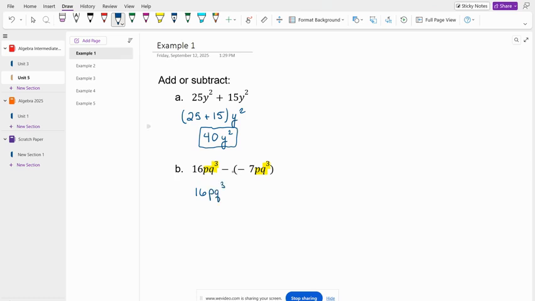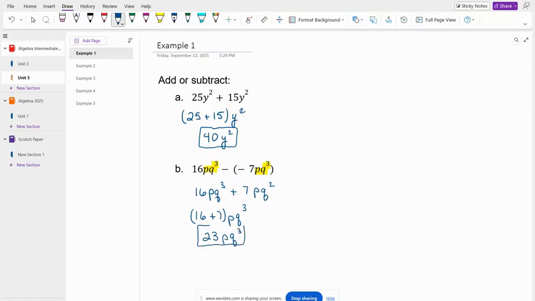We have a double negative, we have minus a negative, so we can think about this as positive or plus. And so we can think about this as just 16 plus 7 pq to the third. 16 plus 7 is 23.